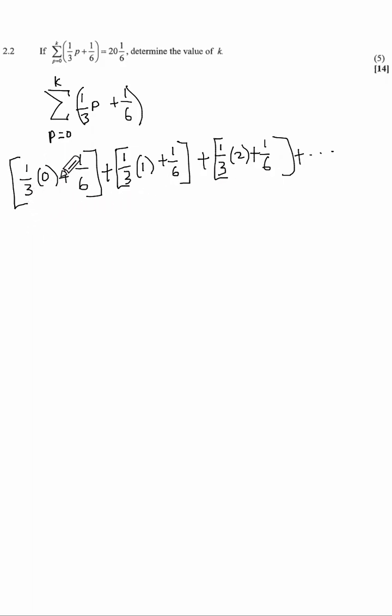So 1/3 times 0, that's 0. 0 plus 1 over 6 is just 1 over 6. That's that. The first term is 1 over 6. Plus, here 1/3 times 1 is 1 over 3 plus 1 over 6. 1 over 3 plus 1 over 6 should give us half.